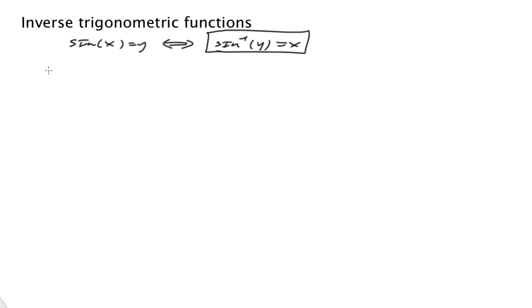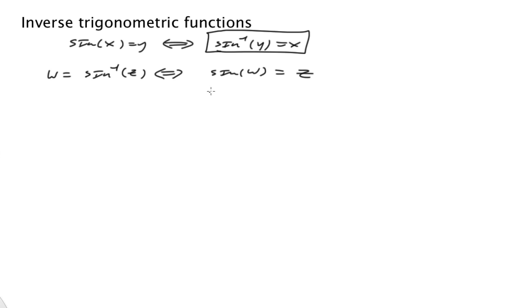So again, what we want is some w is equal to sine inverse of z. Okay, so we can write this in a different way. We can also write this as sine w is equal to z.